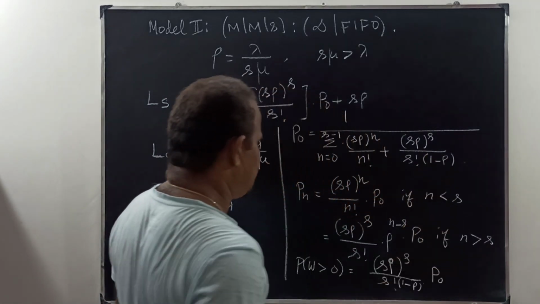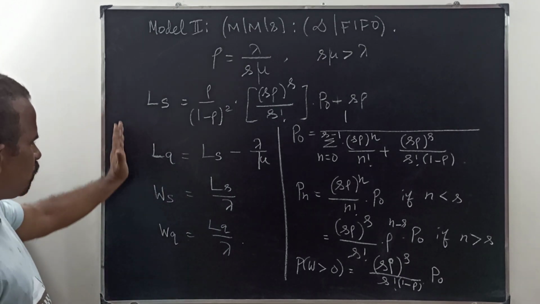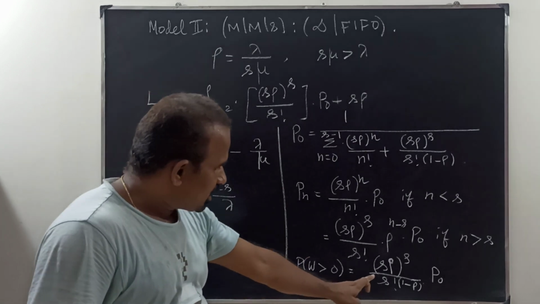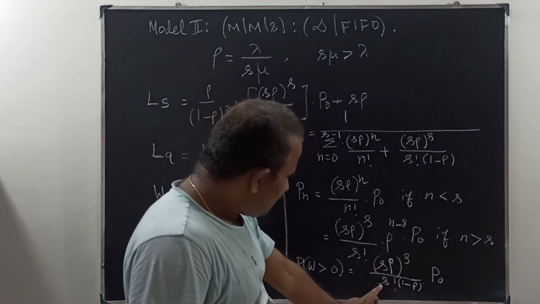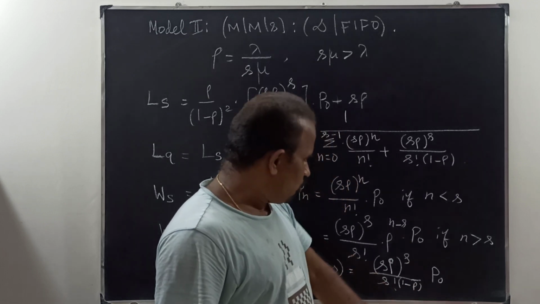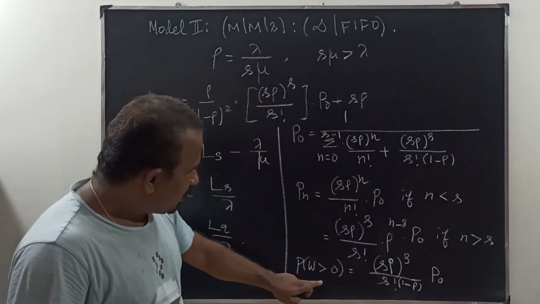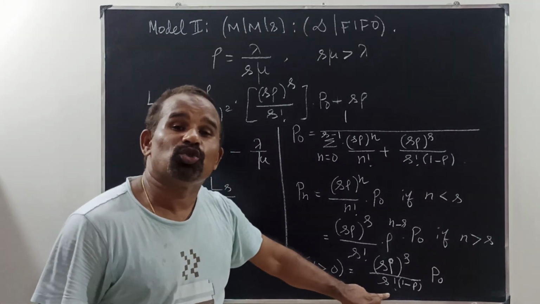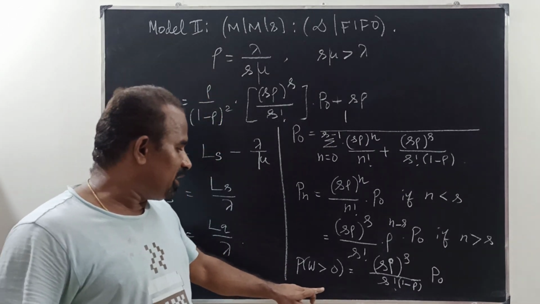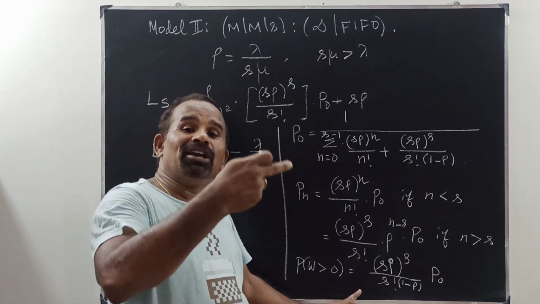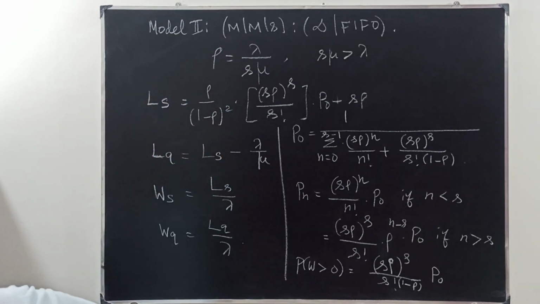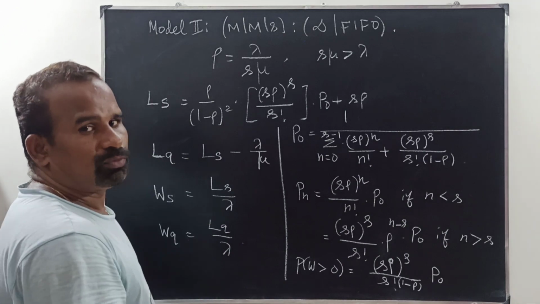This is also important. Otherwise, we can say it is the probability that an arrival would have to wait for service. So these formulas are most important.